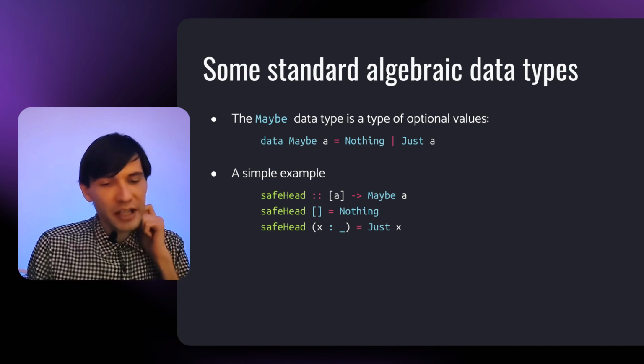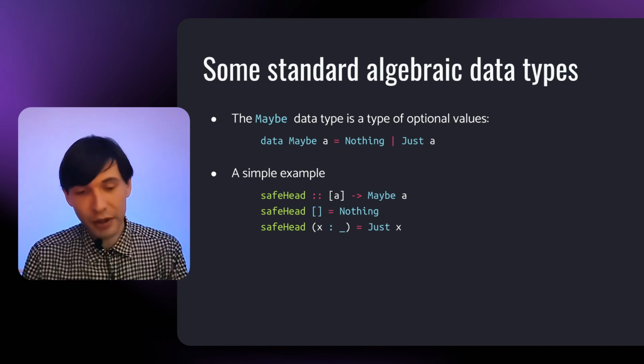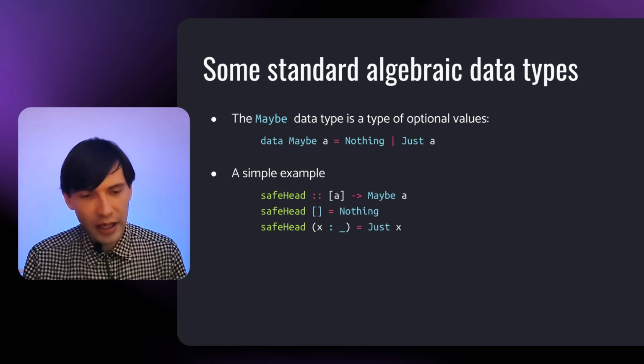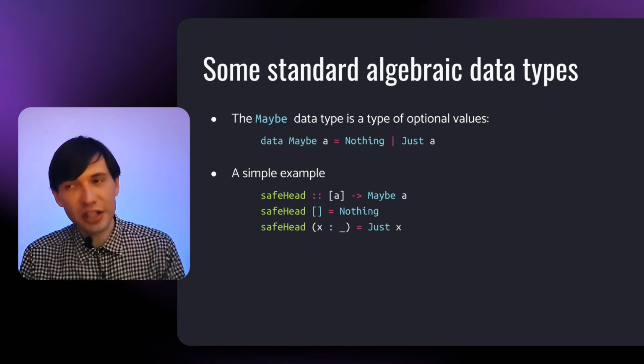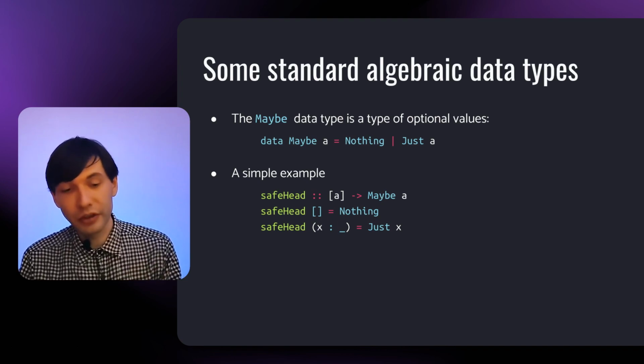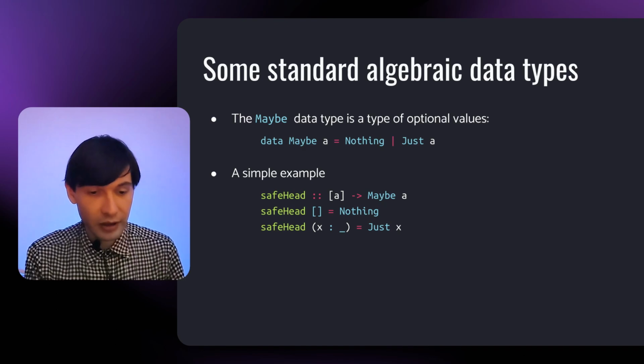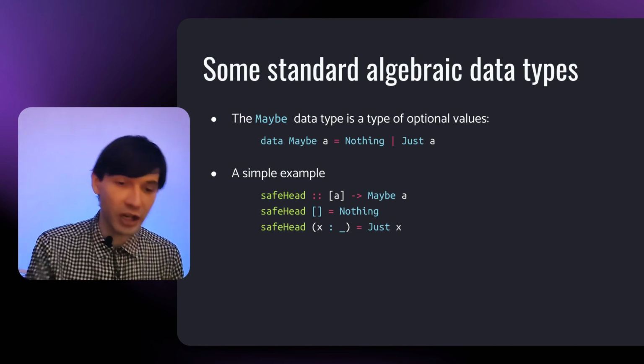But we can make it safe using the data type called maybe. Again, we have a case analysis, and if a list is empty, then we return nothing. But if it's non-empty, we can take its head, called x, and return just x.